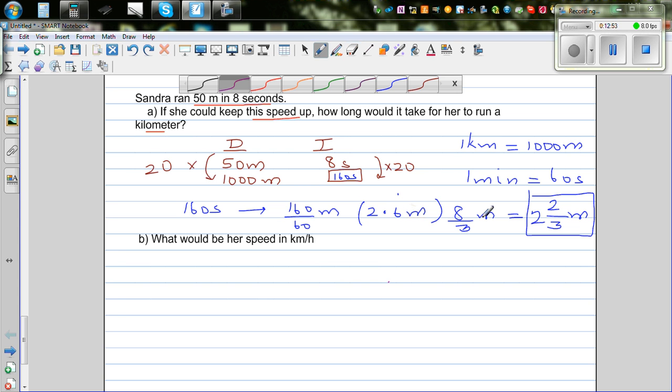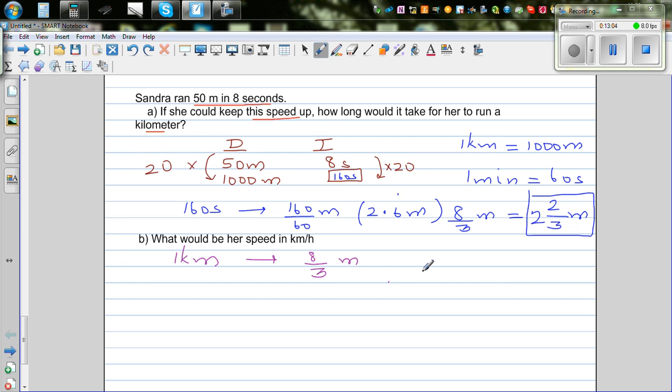The information that we have is she covers 1 kilometer in 2 and 2/3 minutes, or 8/3 of a minute. I want to make this a tidy number. So what can I do here? If I multiply this by 3, 8/3 times 3 is 24/3, which is 8 minutes.